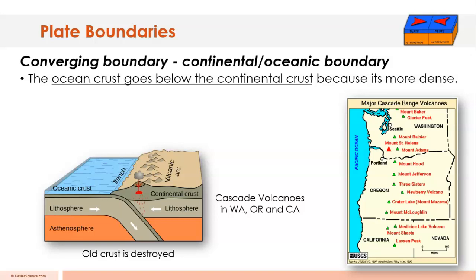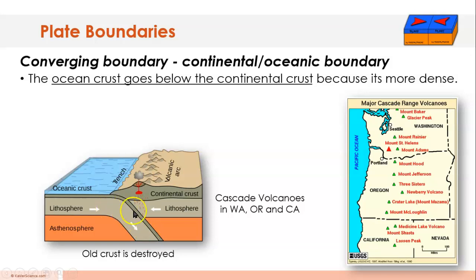Oceanic crust, of course, is more dense than continental crust. Remember, it's had all that ocean sitting on top of it, compressing it, and it's made of basalt instead of granite, basalt being more dense than granite. And so the oceanic crust then sinks or subducts underneath the continental crust, which is less dense.